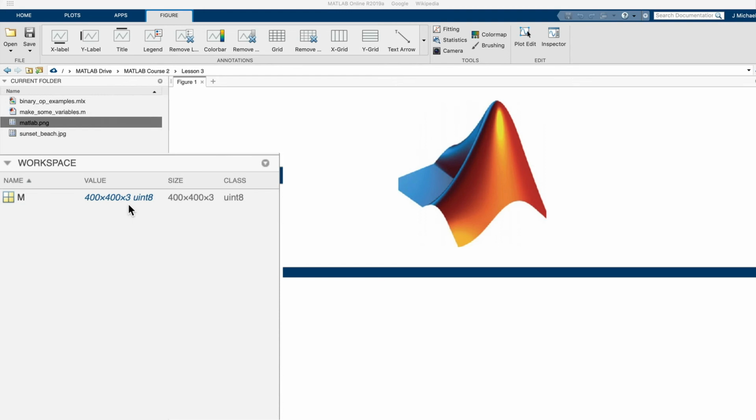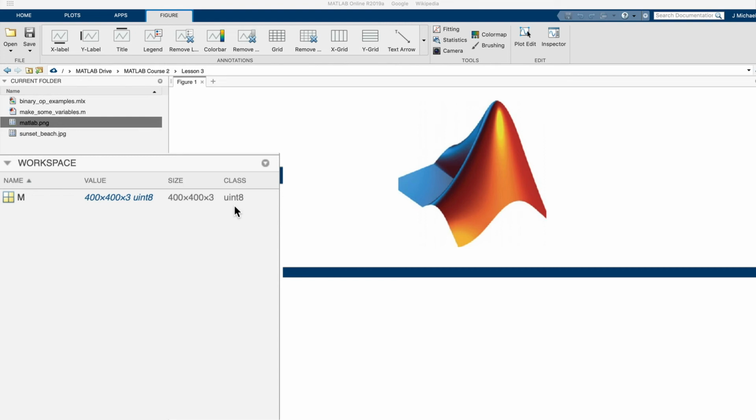Each page of the array contains a 400 by 400 array of color intensities, 1 page each for the red, green, and blue colors, also known as an RGB image, in which each set of red, green, and blue values makes up 1 pixel. What's most important to us, though, is that the array is of type uint8. So each element occupies 8 bits, which is 1 byte.